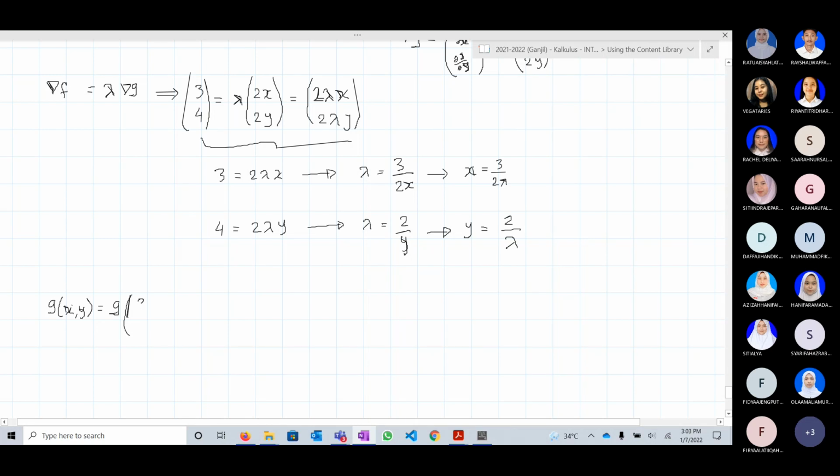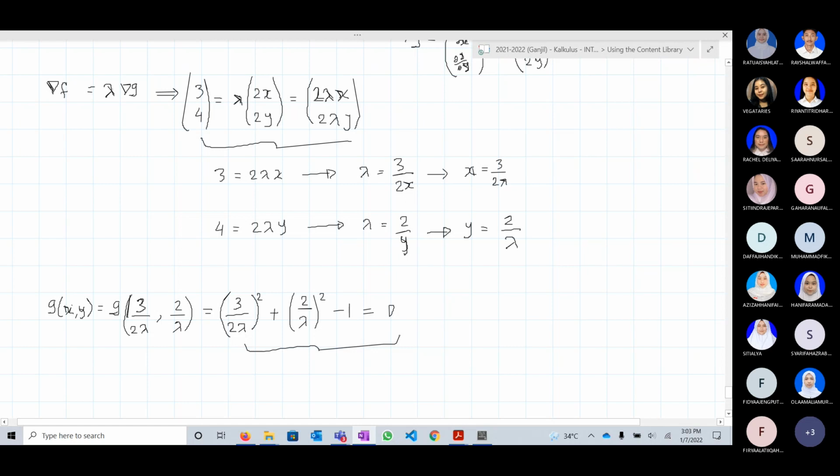So we substitute x with 3 over 2 lambda and y with 2 over lambda. So in this case, we have that 3 over 2 lambda squared plus 2 over lambda squared minus 1 must be equal to 0.